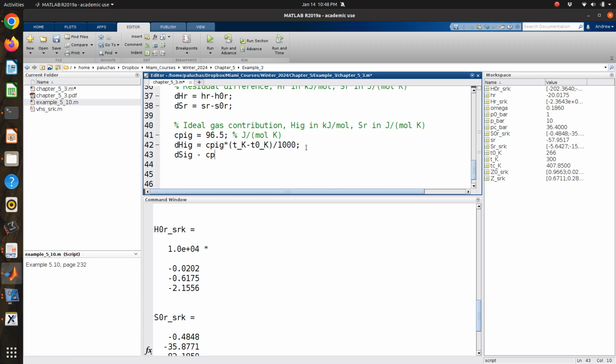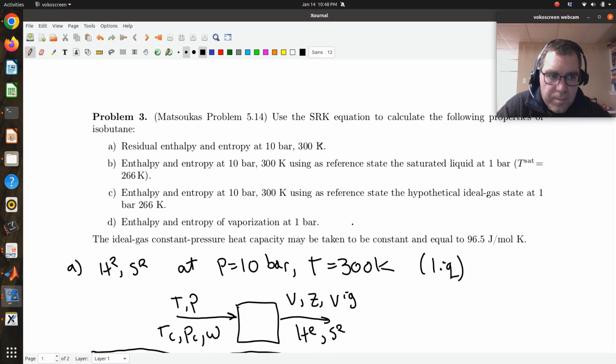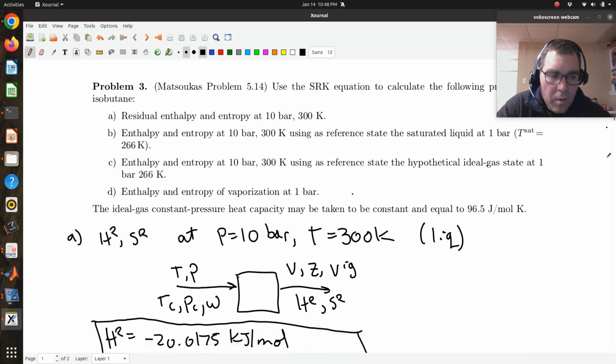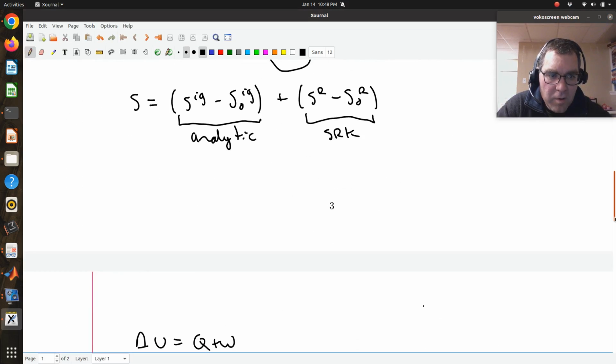Then dS ideal gas is equal to CP ideal gas times log T divided by T naught in Kelvin, minus R log ratio of pressures.